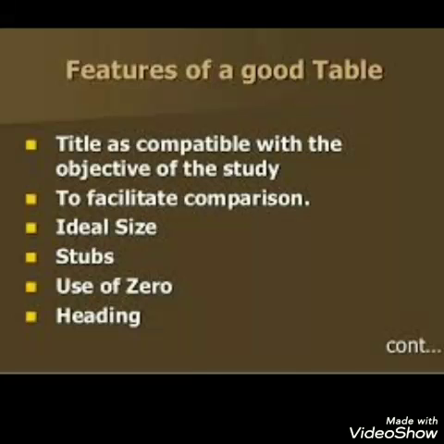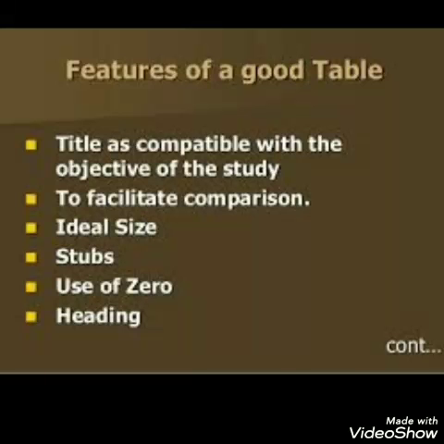The simplest way of conceptualizing a table is to present the data in rows and columns along with explanatory notes. Tabulation can be done using one-way, two-way or three-way classification depending upon the number of characteristics involved. So by forming a table we can classify in different ways according to our data.